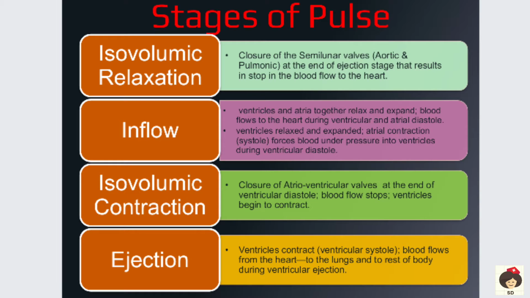Once the atrium is filled, the atrioventricular valves, that is the bicuspid and the tricuspid valve, will open and send the blood towards the ventricles, and then the ventricles will expand because they receive the blood from the atrium. So like this, the inflow of blood will be there. That is the second stage.